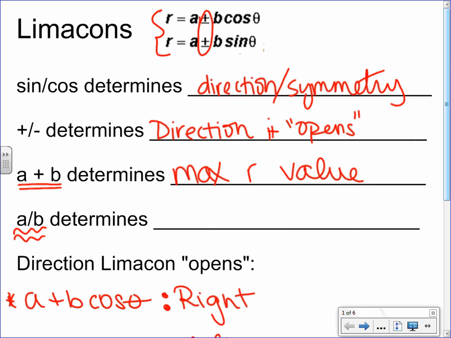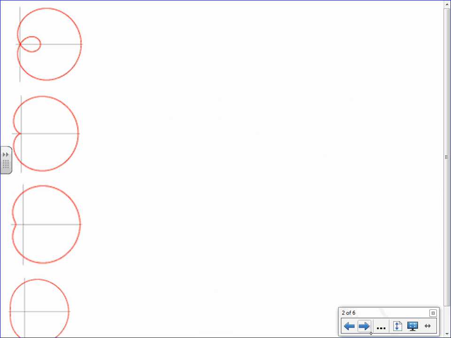Okay, good. The type that we have. Now, did anybody figure out, well, you were supposed to take notes on the different types. Did you see the 4 pictures in your book? So, this pretty loop-de-loop, what is this called?